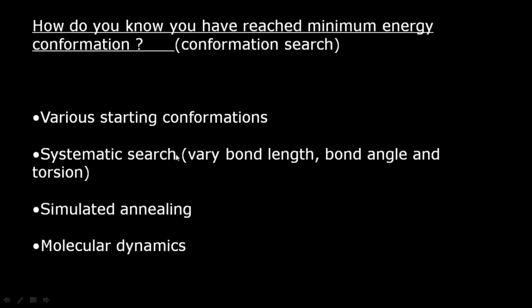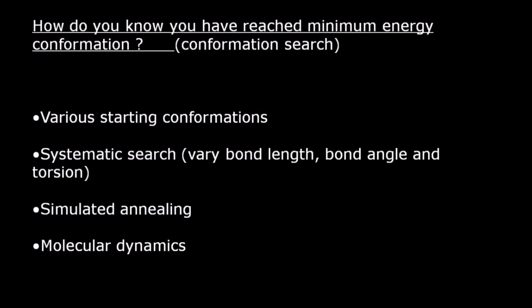You can also have systematic search, that means you change bond length, bond angle, torsion very systematically, keep on calculating the energies, but that is going to be very time consuming because when you have say 10 bonds, 20 angles and 30 torsions, imagine it will be almost like raised to the power. Another approach is called simulated annealing, that means you heat the molecule to a higher temperature, because of the energy the molecule has, it takes a lot of conformations, and hopefully when you minimize those conformations it will lead to a global minimum.